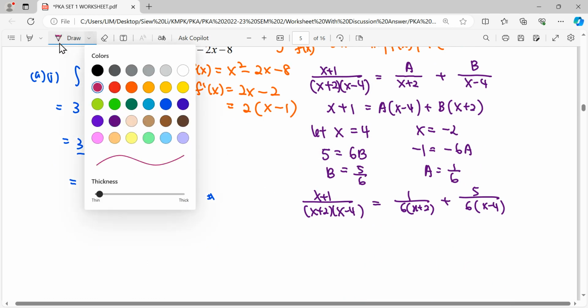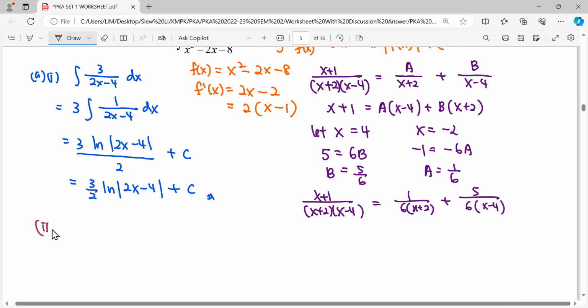Then for part 2, only now do we start the integral using its partial fractions. So integrate this, plus integrate 5 over 6 times 1 over x minus 4 dx.